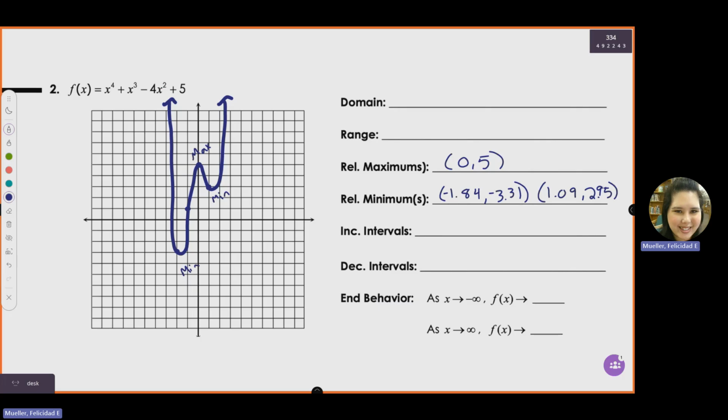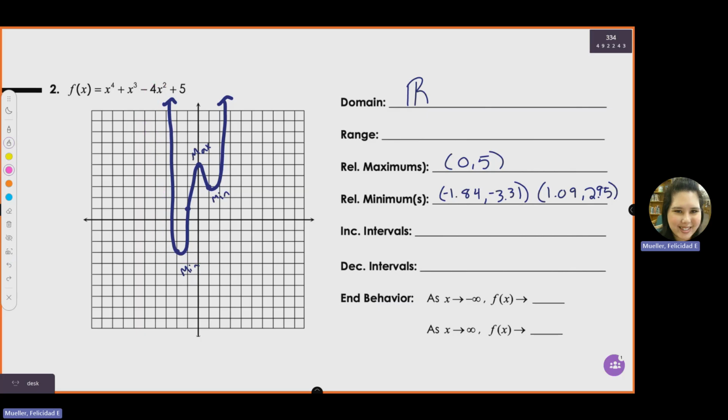As I said earlier, our domain is going to be all real numbers. Since this is an even function, and I can tell that based on my arrows, we do have a limited range. So like my range goes from here all the way up forever. Probably should have used a thinner highlighter to talk about that.